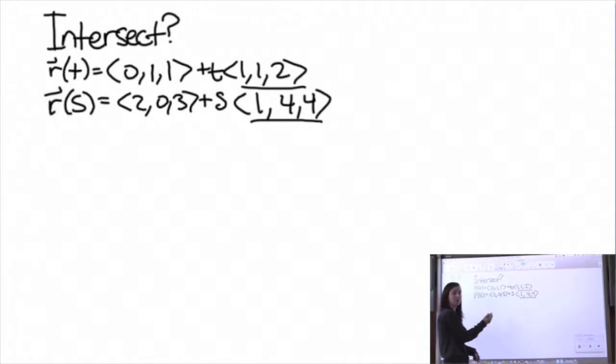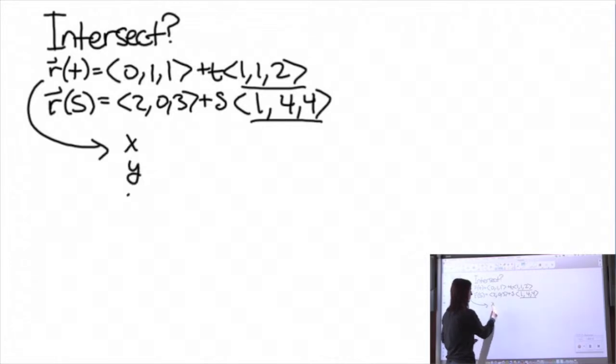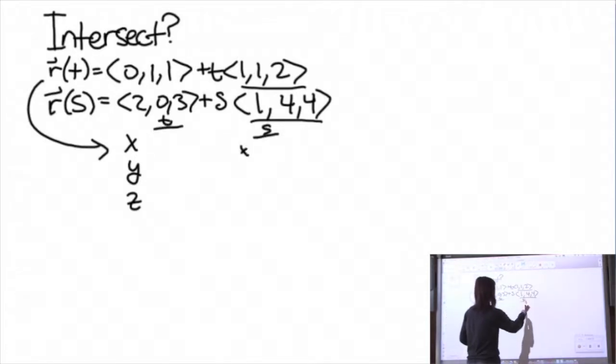So, our first step to going about the intersection or skew is to create all our parametric equations. So, for r(t), we have x, y, and z equations, right? So this one's for the t, and this one will be for the s.